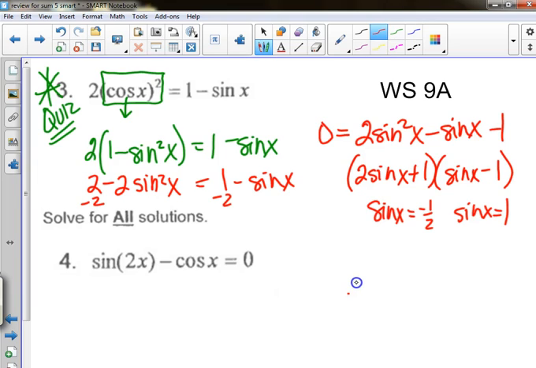Did this say all solutions or 0 to 2 pi? All? Okay. So help me out. Sine is negative 1/2. What is it? Is there a shorter way to write that? Is there symmetry going on?